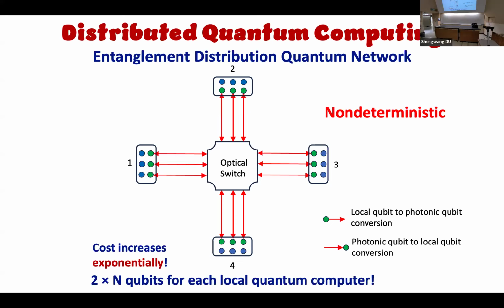So that is the existing distributed quantum computing protocol for the entanglement-based distributed quantum network. First of all, you have an entanglement quantum network for the green one, and then locally, for example, if you want to connect this qubit here and this qubit here for some remote gate operation, the way is you build an entanglement between the green ones using some way.